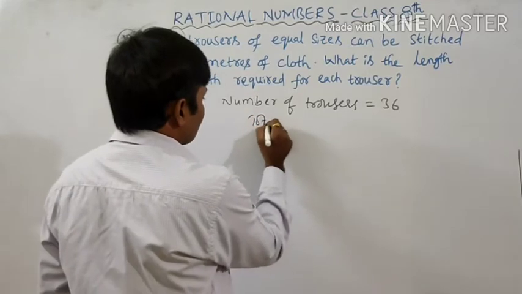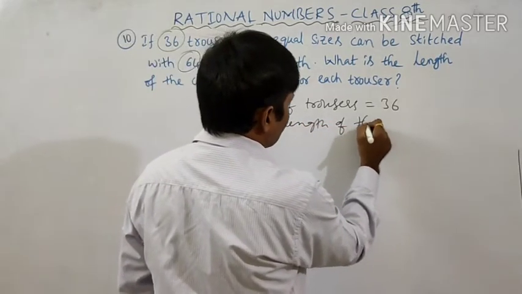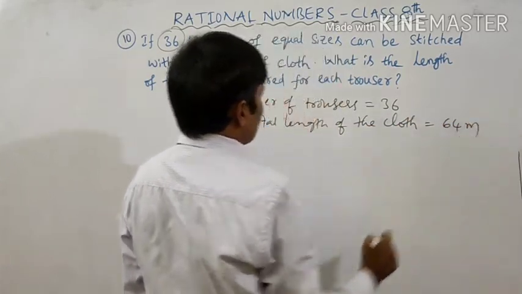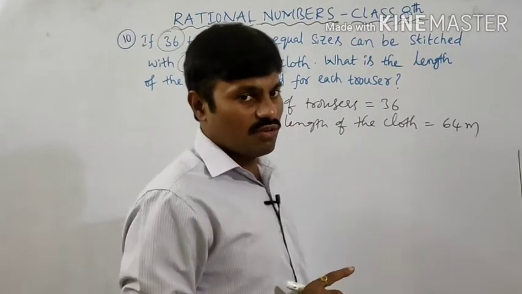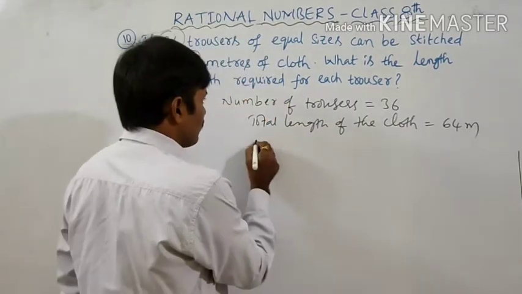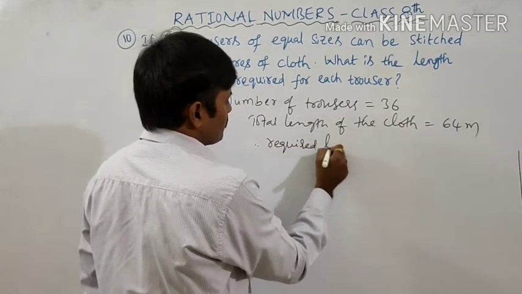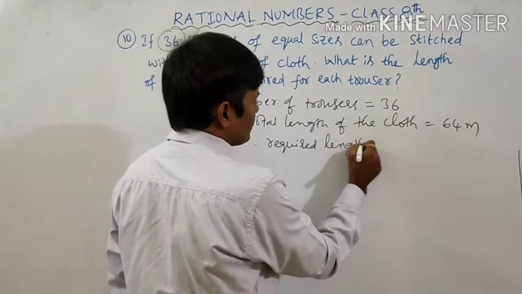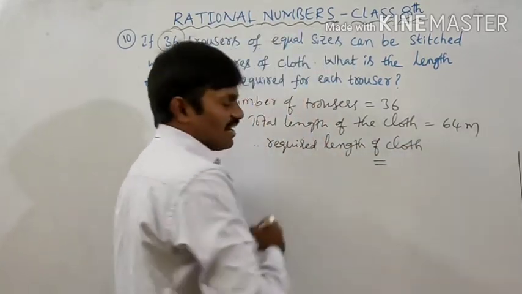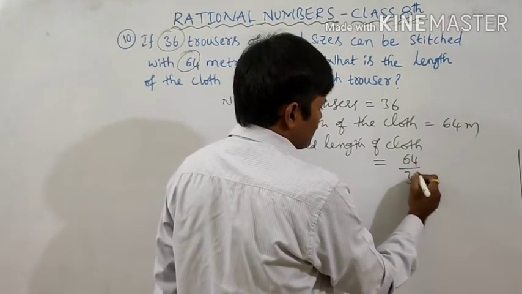So the total length of the cloth is equal to 64 meters. Now to stitch one trouser, how much length of the cloth is required? Therefore, the required length of the cloth is equal to 64 by 36.